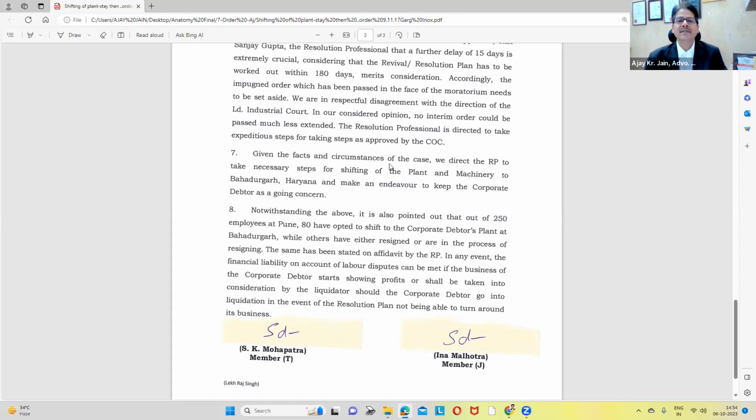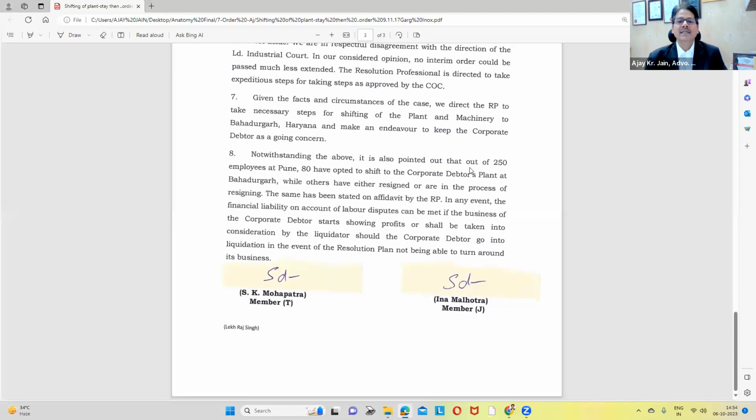Given the facts and circumstances of the case, we direct the RP to take necessary steps for shifting of plant and machinery to Bahadurgarh, Haryana, and make endeavor to keep the corporate debtor as a going concern. So this has been allowed, with one rider that the interest of the workmen should be protected. That's it. So if another court grants a stay, what should the RP do? The RP should move the adjudicating authority for vacating the stay because of the moratorium.